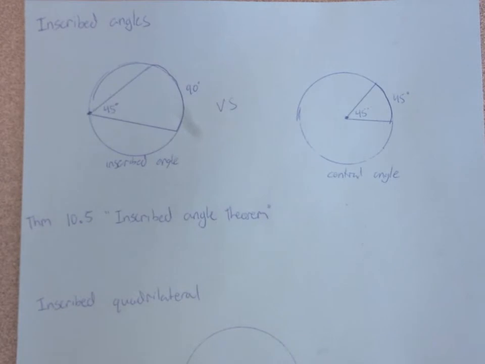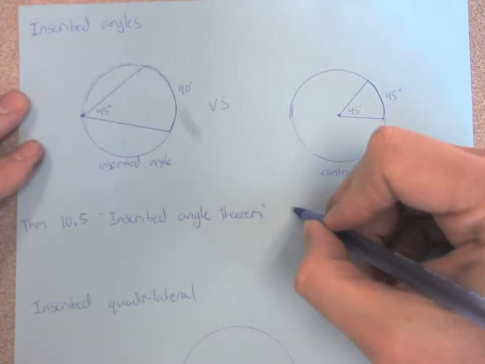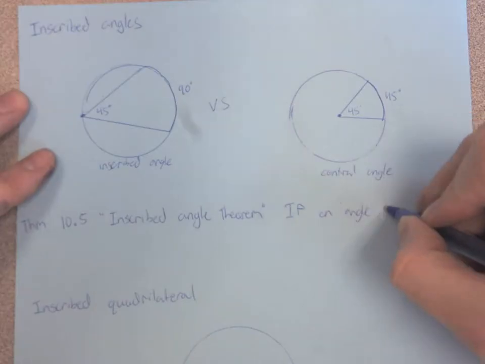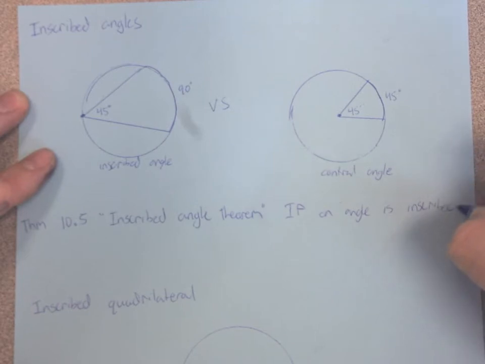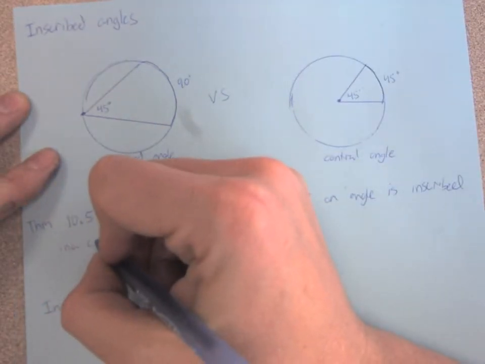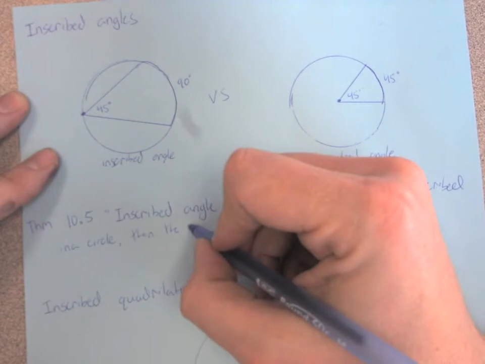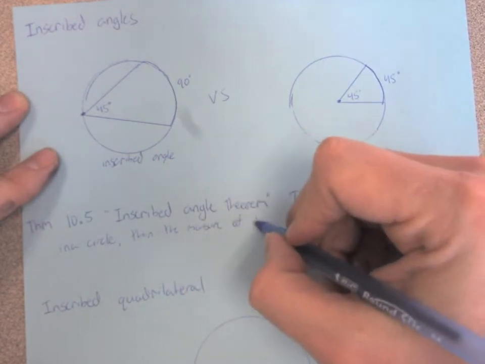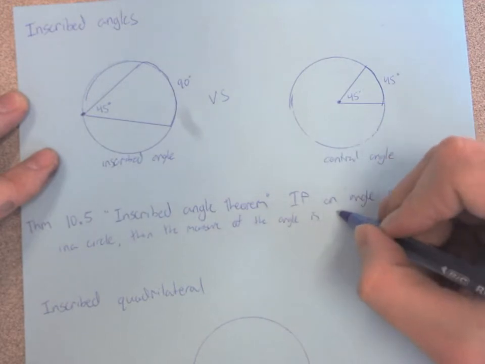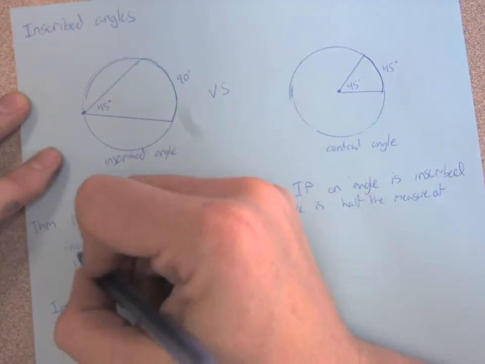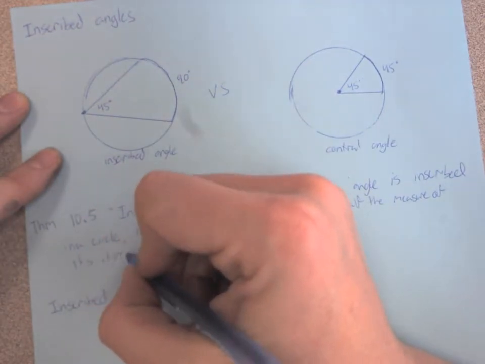So let me give you the wording to it. It's actually on page 544 if you want to go there and check it out, but I'll write it down for you here as well. It goes something like this. If an angle is inscribed in a circle, then the measure of the angle is half the measure of its intercepted arc.